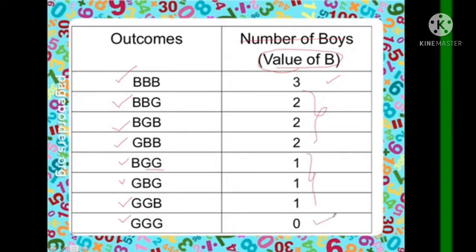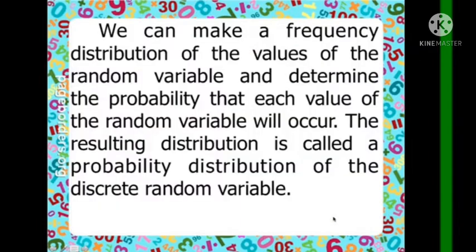So, to summarize, we have the possible values of the random variable B, which are 0, 1, 2, at saka 3. Tama? So we can make a frequency distribution of the values of the random variable and determine the probability that each value of the random variable will occur.